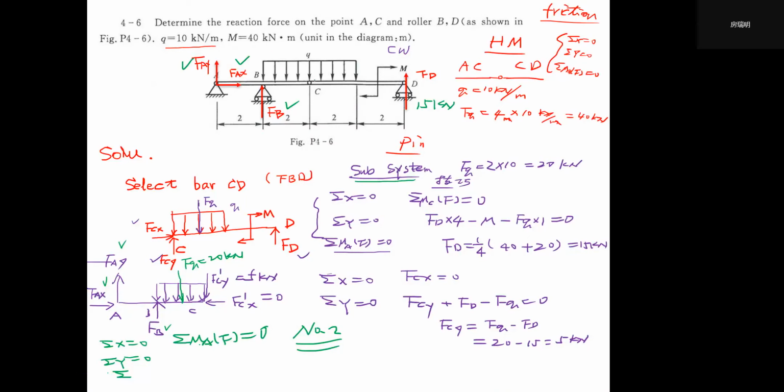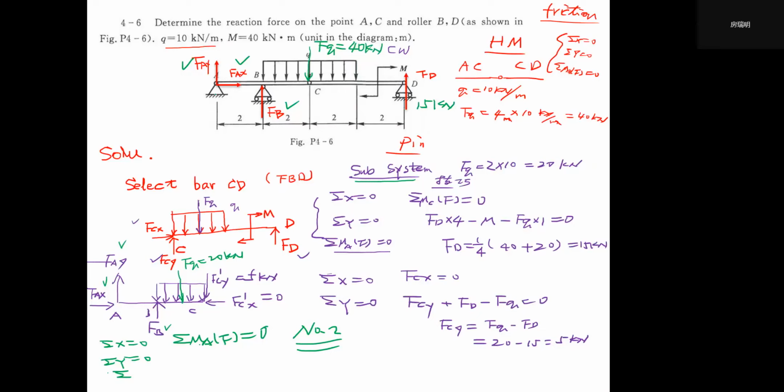When we select the whole AC and CD as the whole part to be studied, we only need to figure out the total FQ, which will be q, 10, times the whole length 4. So this one will be 40 kilonewtons. And point C changed into internal forces, so we do not need to consider it.